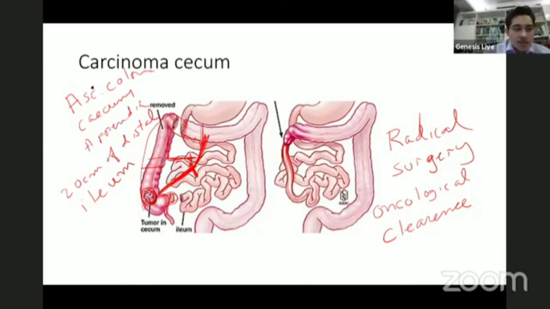The ascending colon, the cecum, the appendix, 20 centimeter of the distal ileum, and then the lymphovascular clearance. That means excising the arteries supplying that particular organ from its very origin.